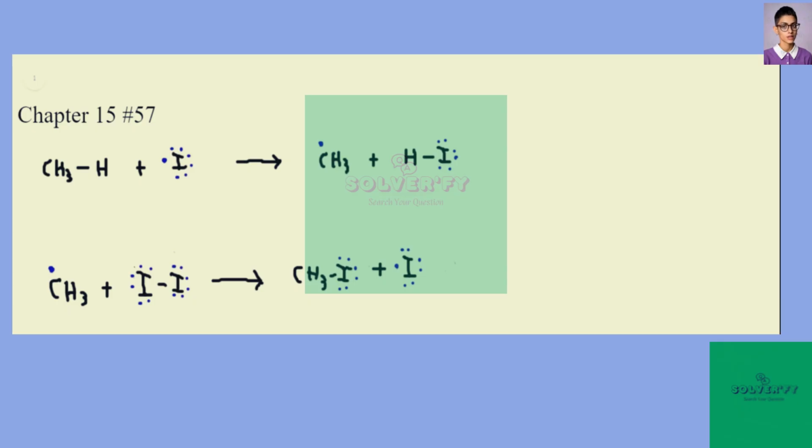Okay, and so in order to figure out why this is the case, we need to look at the propagation step of the reaction between methane and iodine. And so we'll calculate the delta H naught here. Breaking the carbon-hydrogen bond requires 435 kilojoules per mole.